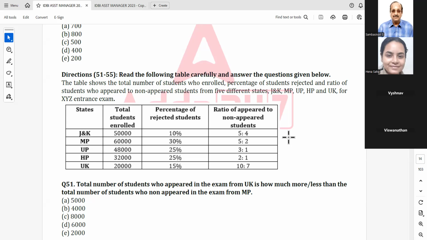The ratio is applied after excluding the rejected ones. For example, in Jammu Kashmir, out of 50,000, 10% rejected means 5,000 are rejected.